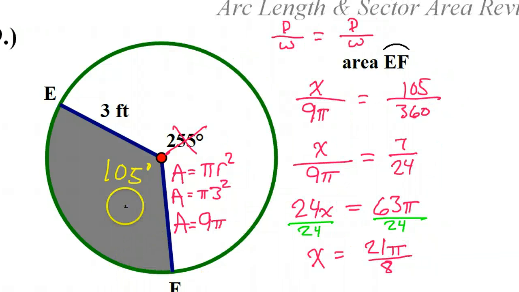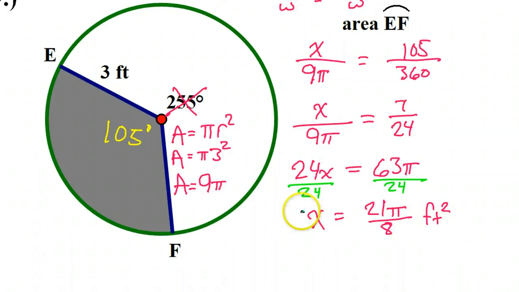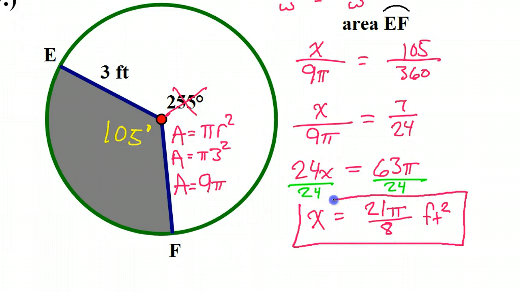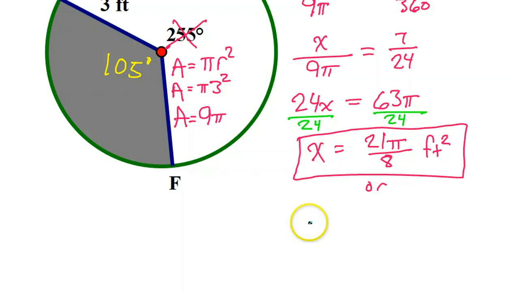And we're doing sector area, so this will be square feet, because we're talking about area. So that is the answer. Alright, that is the area of the sector. But let's go ahead and write this as a decimal as well.